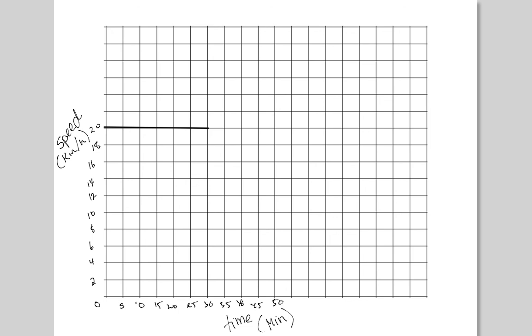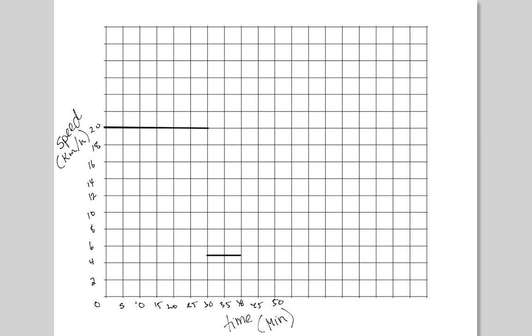Okay, and then what? Then he arrives at a hill, and his speed decreases to approximately 5 kilometers an hour for 10 minutes. So now you're at 5 kilometers an hour for 10 minutes. How do you guys feel about that one?